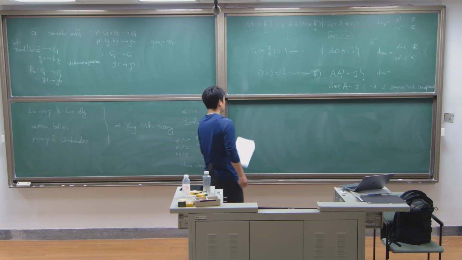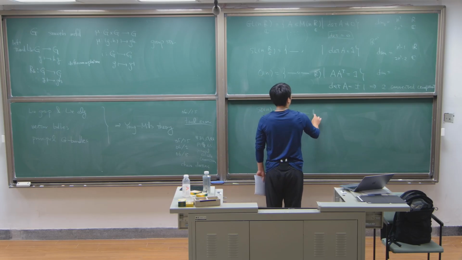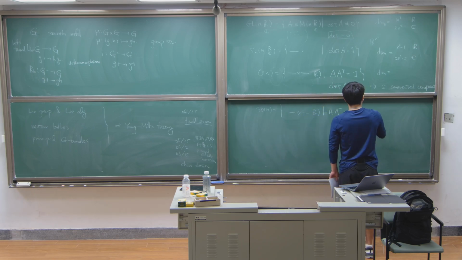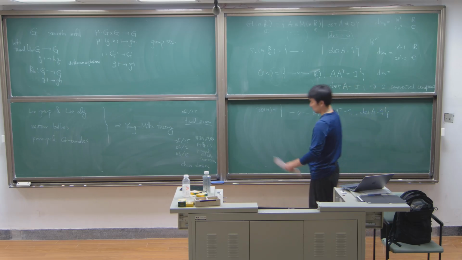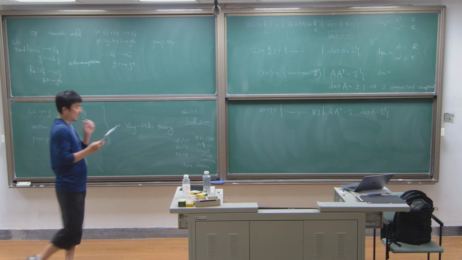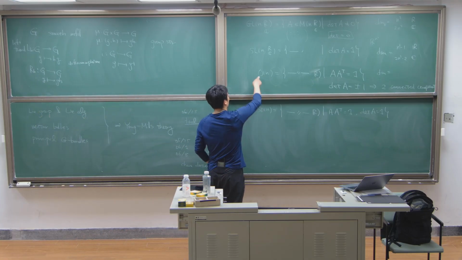Maybe we can consider that later, because the linearized version is very easy. That's O(n), the orthogonal group, and SO(n), the special orthogonal group.